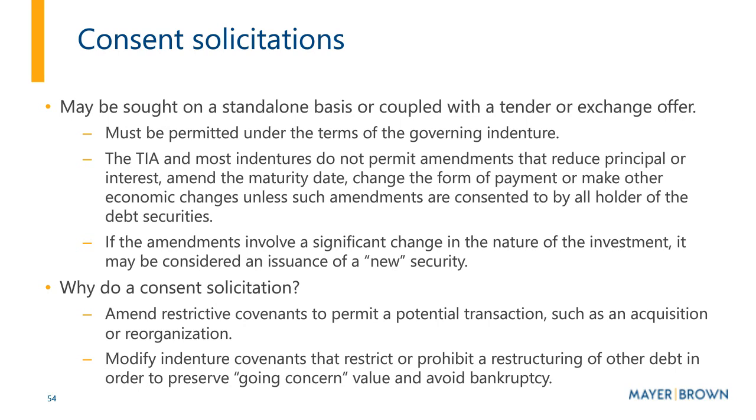So, for example, if you change the interest rate significantly, if you change the amount of principal that's being issued, if you change the maturity date, the SEC might take the view that the new bonds after the amendment are so radically different and structurally different than the original bonds that you've asked people to make a new investment decision, and therefore you've got to think through whether the offer that you're making, arguably, is a public offering or whether there's an exemption. So depending on what you're doing, you have to think through that.